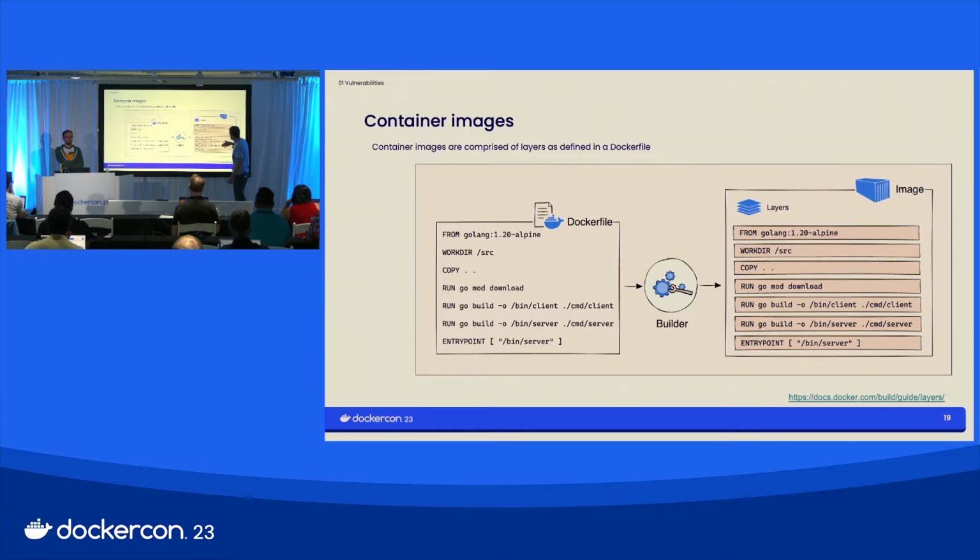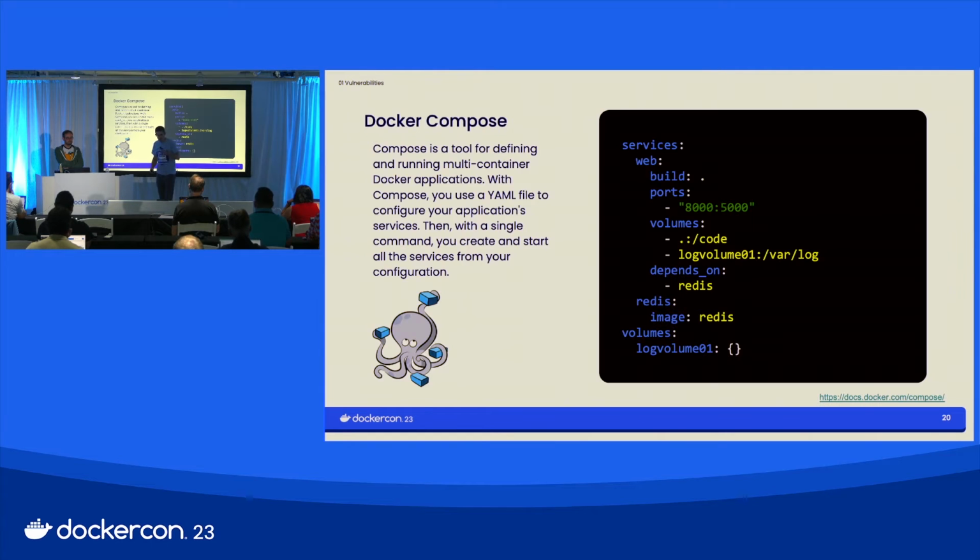Then you do your builds, which generates your binaries, and then you set your entry point. But at any point where you're adding data into your image, you can be introducing vulnerabilities. So it's important to understand how those vulnerabilities get in, and where and by what steps they get introduced.